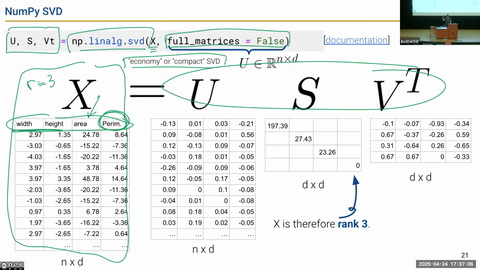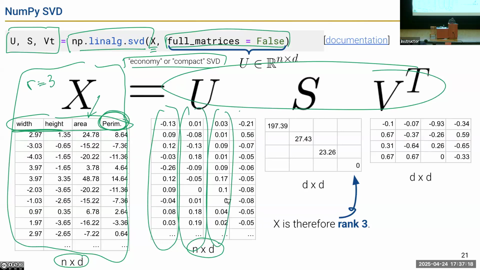So in Python, we can go play with these matrices. Remind yourselves, what is U? U has the same dimensions as X, except all of its columns are linearly independent, and they're also all length 1.